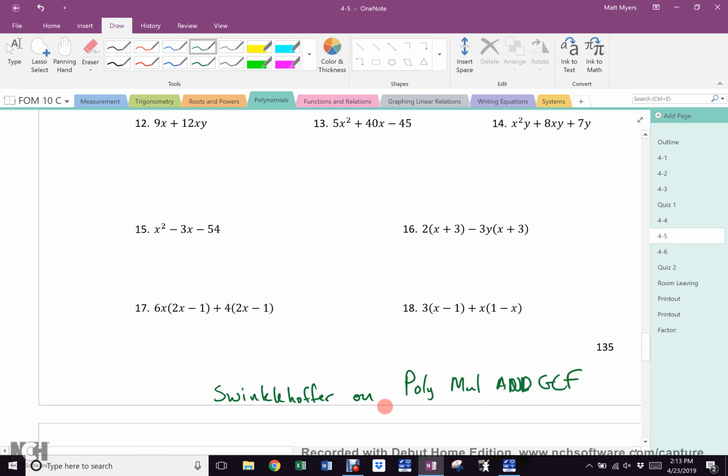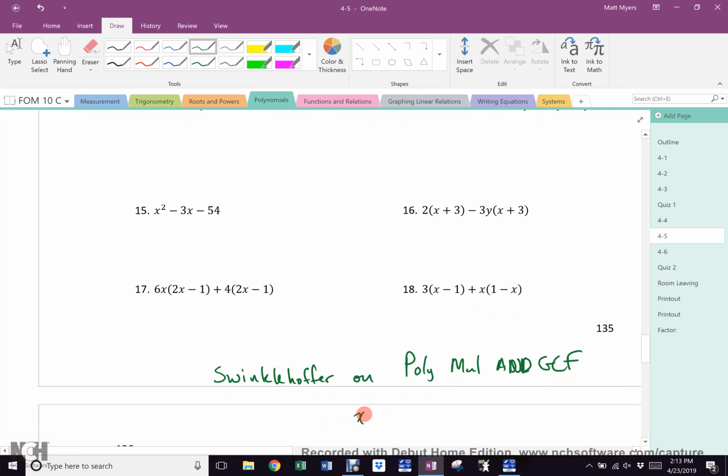So to remind you of what that is, things like this, x squared plus 3x plus 7 times x plus 2, be able to expand that, and be able to factor that. That's all that's on your quiz tomorrow. And it is 6 of these and 6 of these, I think.